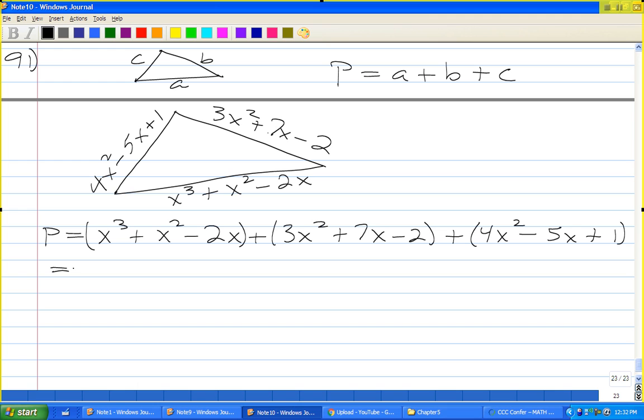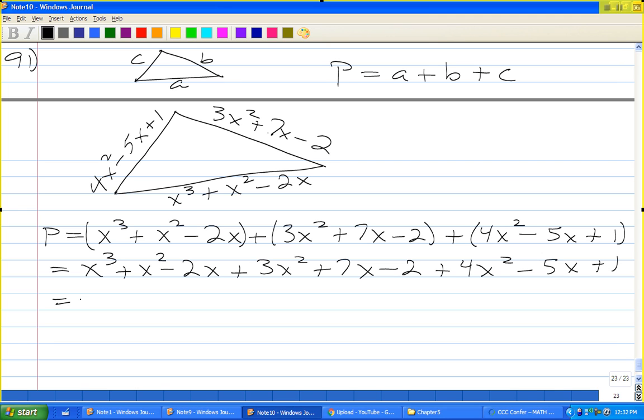And so let me get rid of all the parentheses. X cubed plus x squared minus 2x plus 3x squared plus 7x minus 2 plus 4x squared minus 5x plus 1. So this is equal to, well, there's only one x cubed term, so x cubed, x squared plus 3x squared, plus another 4x squared is 8x squared, minus 2x plus 7x is 5x, minus 5x cancels.